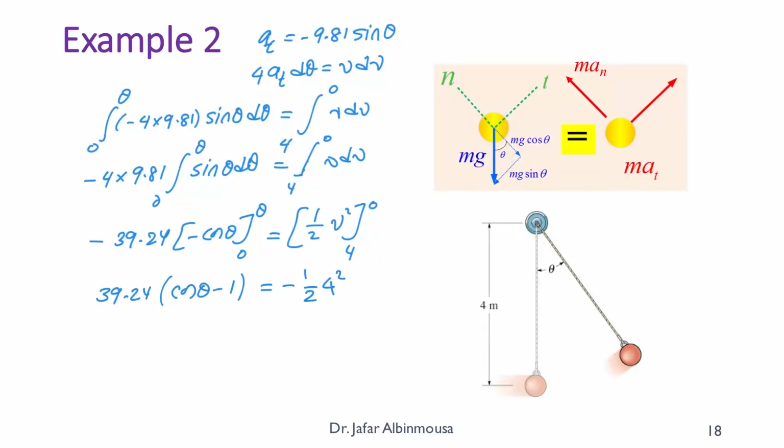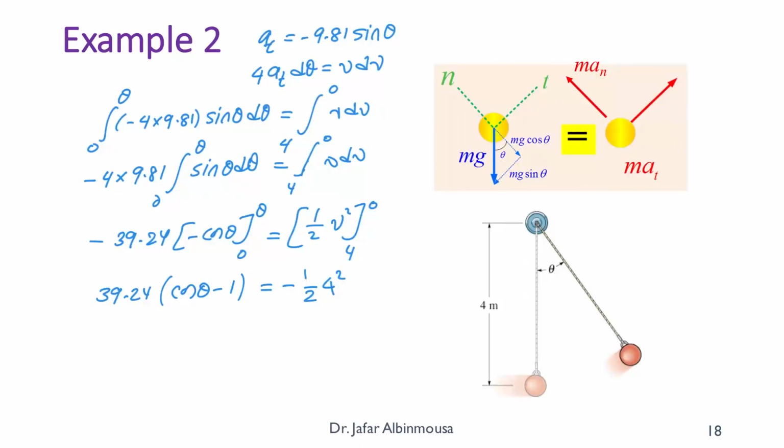Now, if you look carefully over here, when I substitute theta into cosine theta, I get cosine theta. When I have cosine 0, I get 1, and I have to subtract. Here, I substituted v as 0, so I got 0 minus half v squared, which is 4 squared.